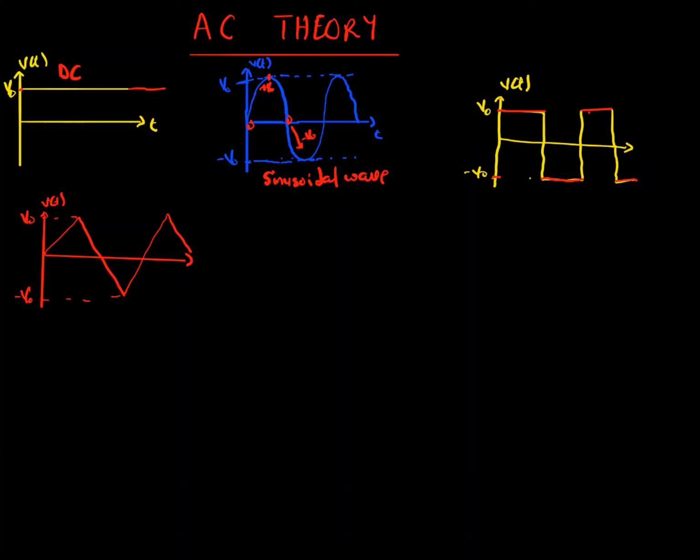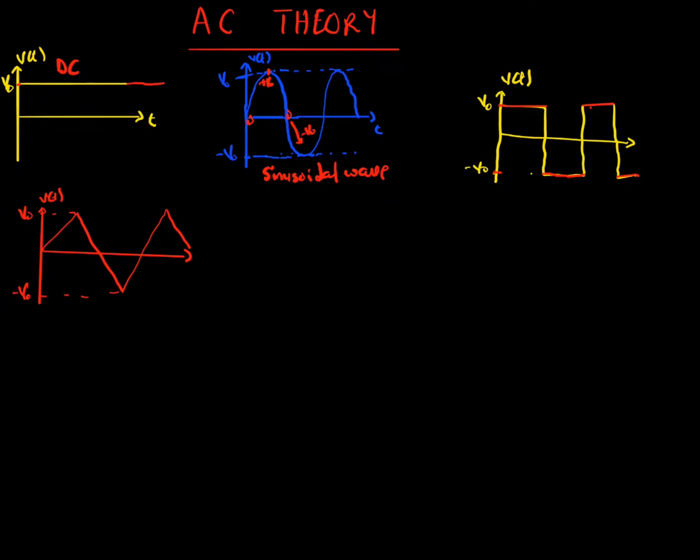Here the signal is again alternating between plus V0 and minus V0, but there's a sharp fall from positive V0 to negative V0, and then a sharp rise back. As you can see from the shape, we call this a square wave.